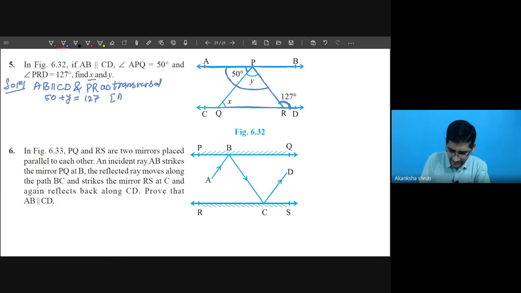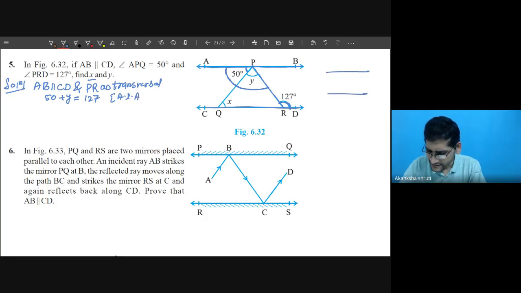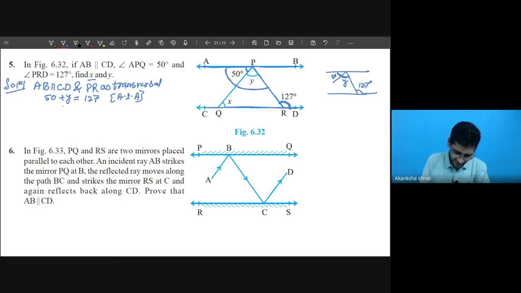It is given as 127 degrees and this is divided into two parts, one is 50 and the other is y. So this entire angle is obtained by adding 50 plus y, and it is equated to 127.